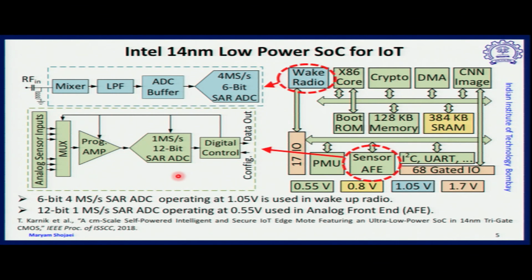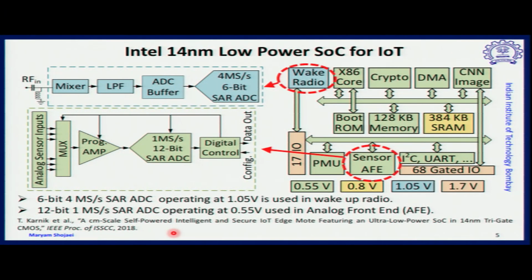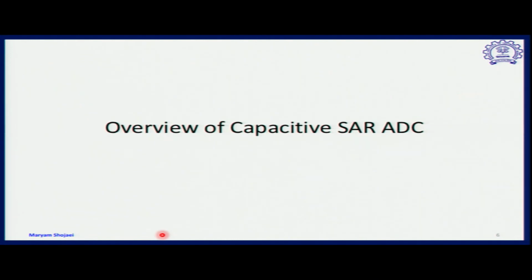So the number of bits is similar to Qualcomm's SoC, and finally digital control. Therefore, you can see that SAR ADC is one of the choices in recent SoC applications. You may refer to the reference paper published again in 2018 for this SoC, given at the bottom of this slide.